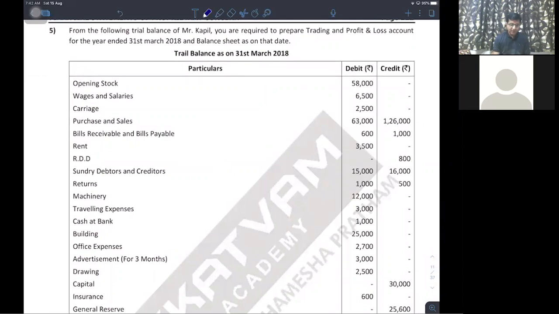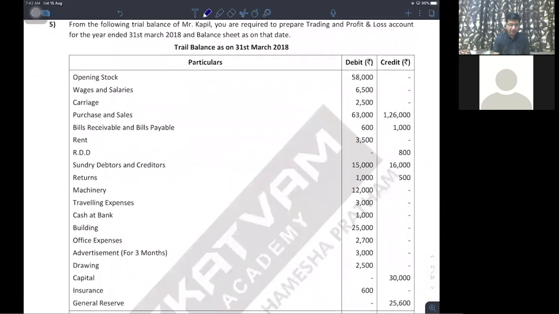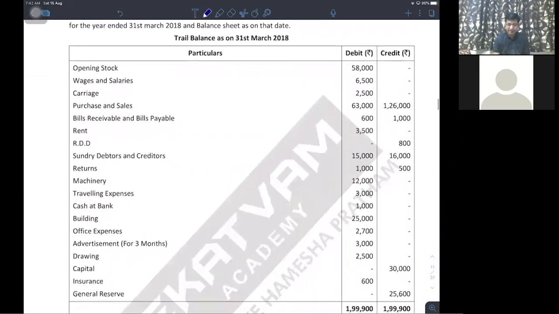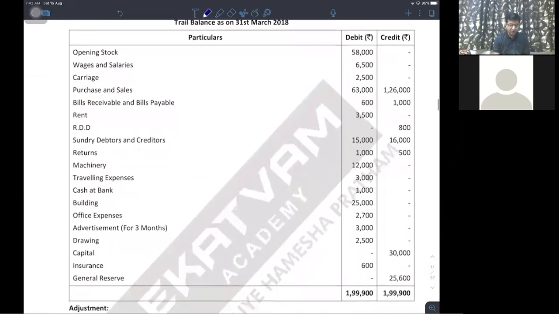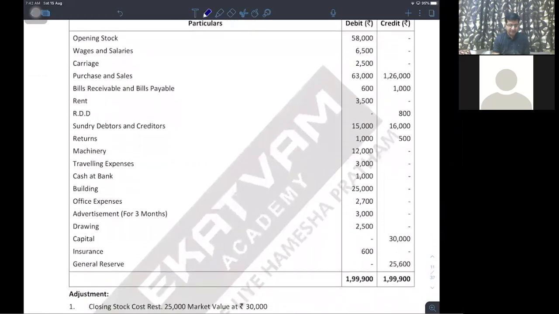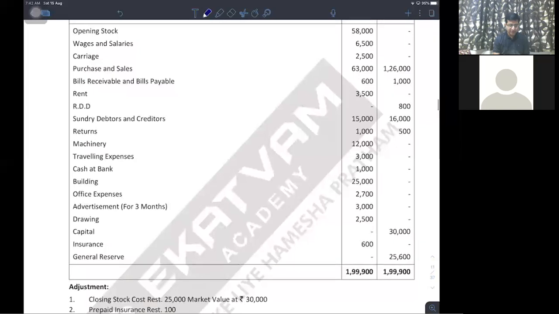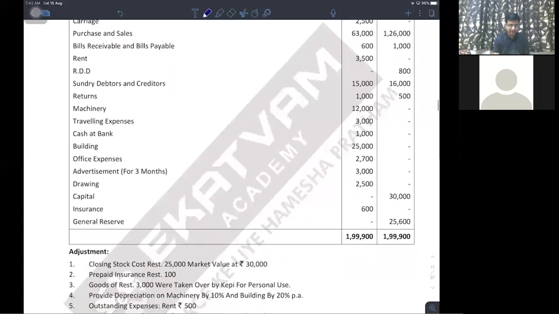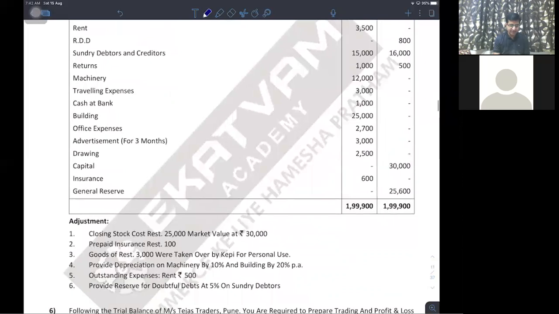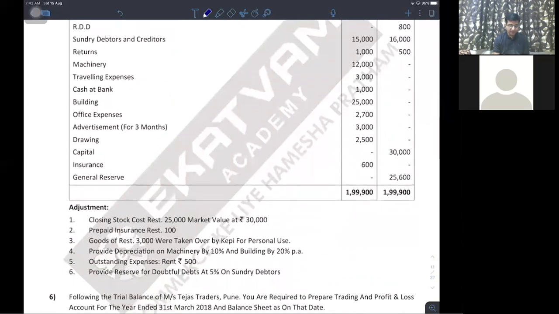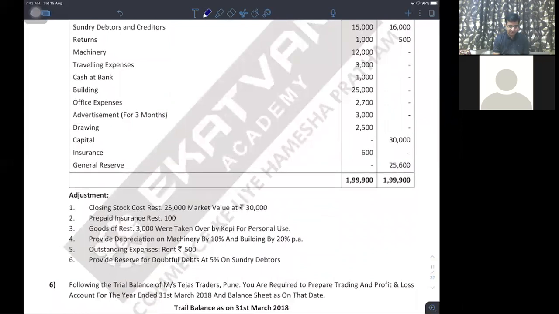From the following trial balance of Mr. Kapil, you are required to prepare the trading account and profit and loss account for the year ended 31st March 2018 and the balance sheet as on that date. Opening stock, wages, carriage, purchases and sales, bills receivable and payable, rent, RDD, sundry debtors and creditors, returns, machinery, traveling expenses, cash at bank, building, office expenses, advertisement for 3 months, drawing, capital, insurance, general reserve.